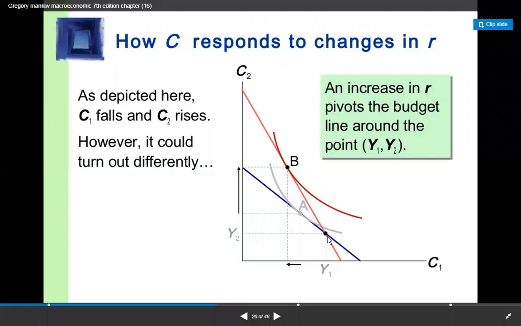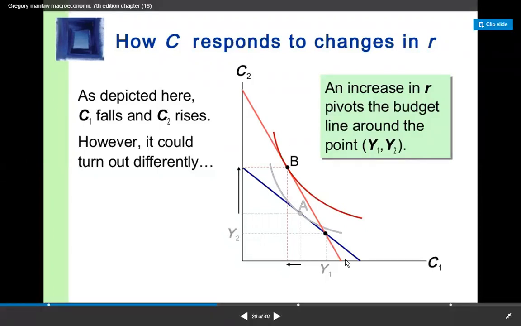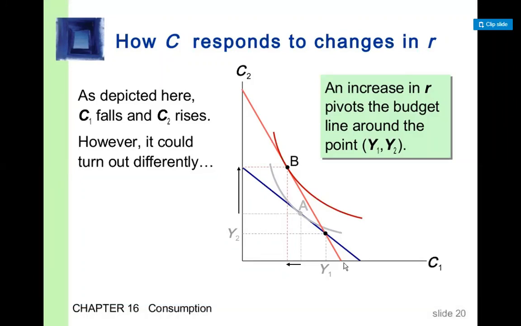in such a way that consumers will consume more in period 2 and consume less in period 1. So the new budget line will be steeper for higher C2 and lower C1.